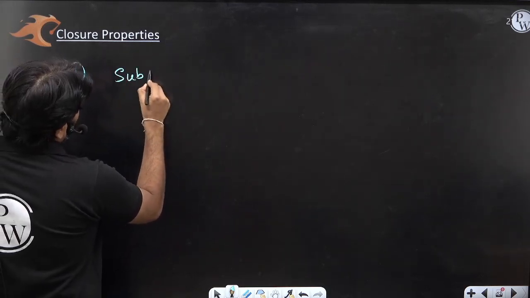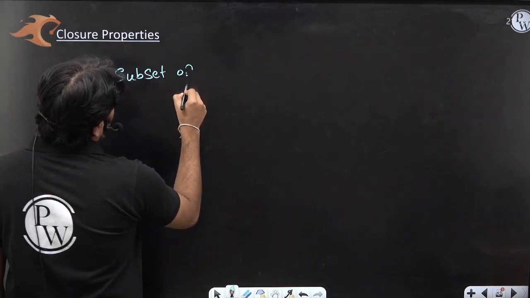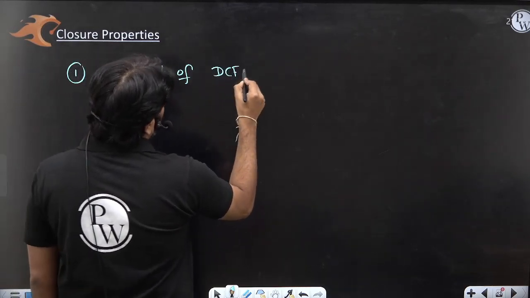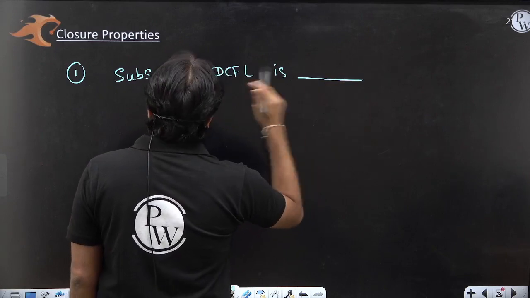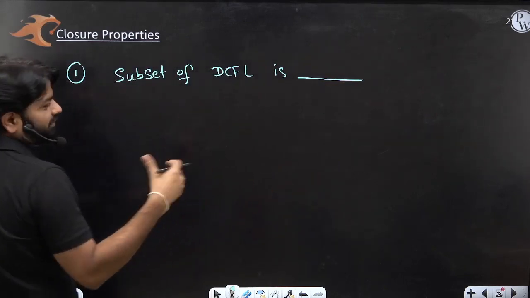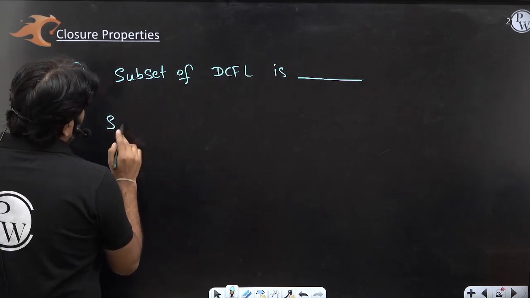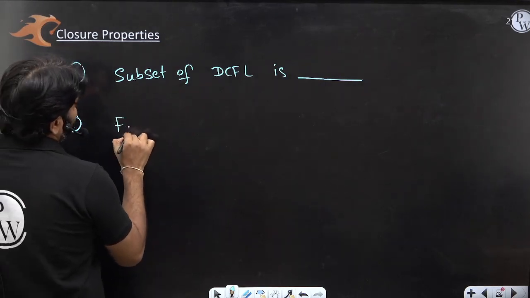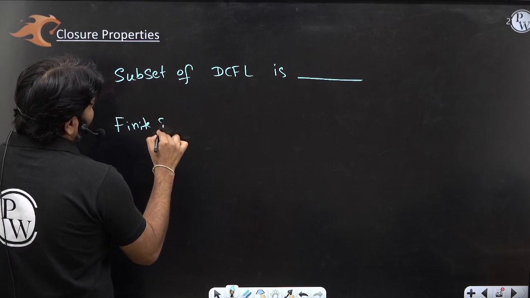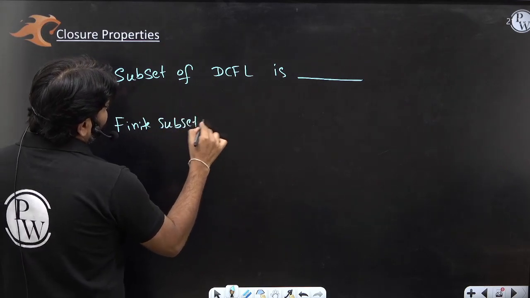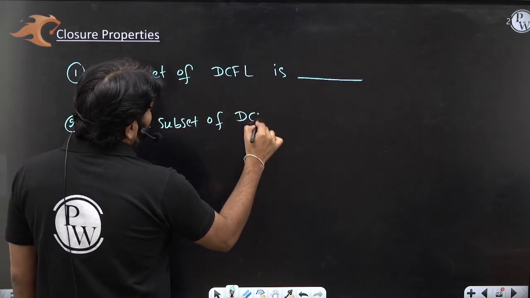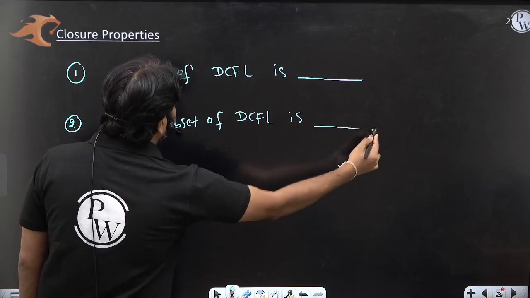Subset of DCFL, is it guaranteed that every subset of a DCFL is a DCFL? But see here, finite subset is different. Finite subset of DCFL, what will you get as the answer?